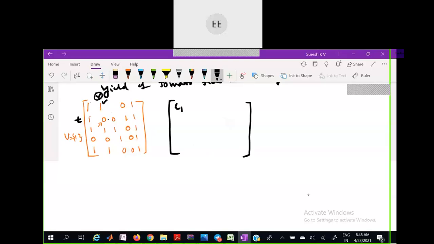So T is here, T is 1. Since T is 1 and it is already labeled, that label has to be copied. So the label is L1. I am assuming that there is no doubt. If there is any doubt, please ask me. Now the next one is 0, so you don't need to label it, just leave it as it is.